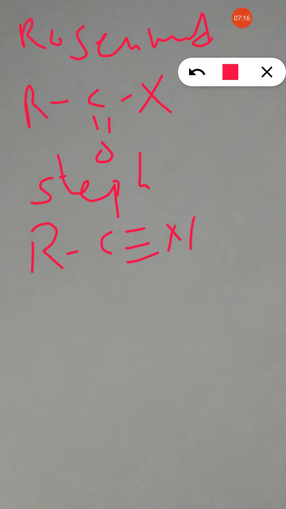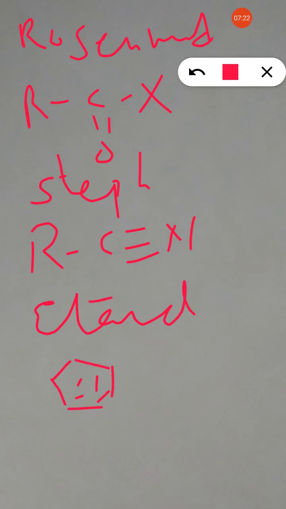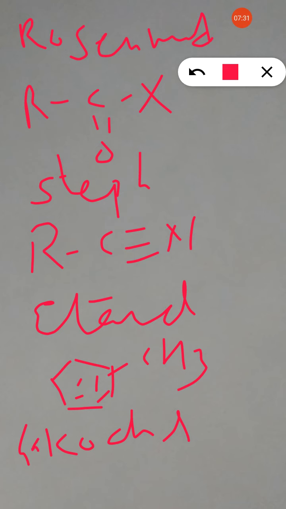Then Stephen, RCN. Then Etard, in case of Etard, toluene, benzene CH3. Then Gattermann-Koch, in which benzene is the starting material.